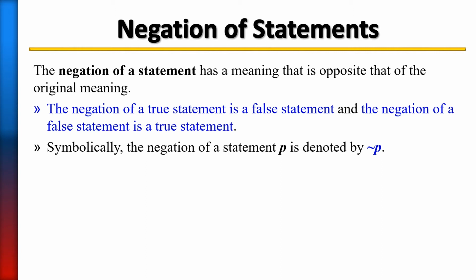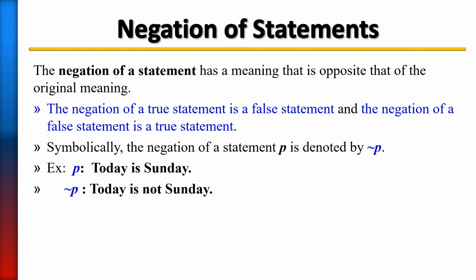Now symbolically, the negation of a statement P is denoted by the little symbol there and then P. So, for example, take the statement "Today is Sunday."